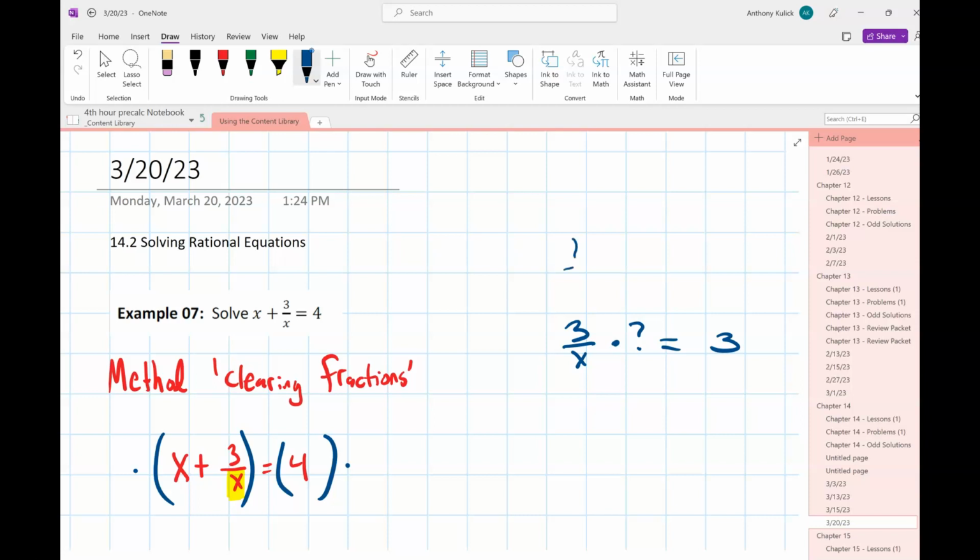Let's do it with no x's. What if I just have 1 over 2 times something has to equal 1? What does that something have to be? 1/2 times something equals 1. What is the something?